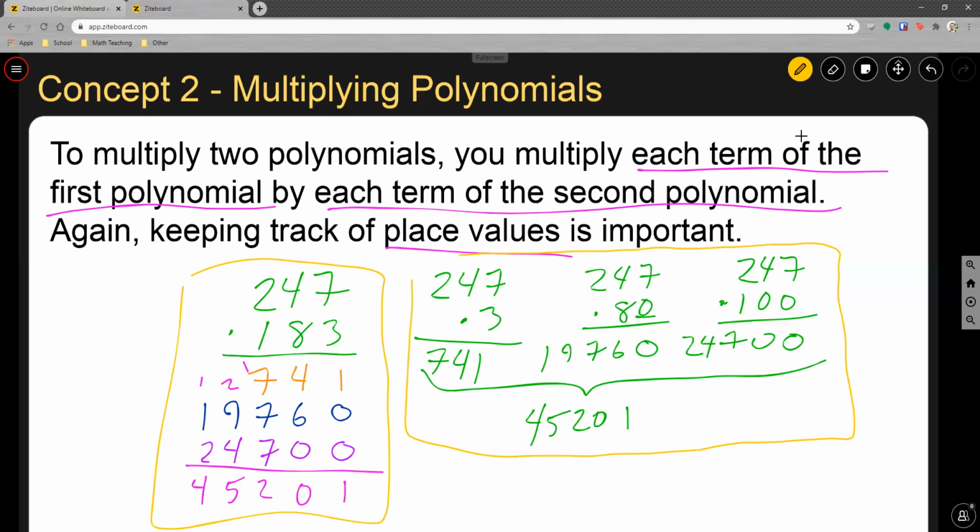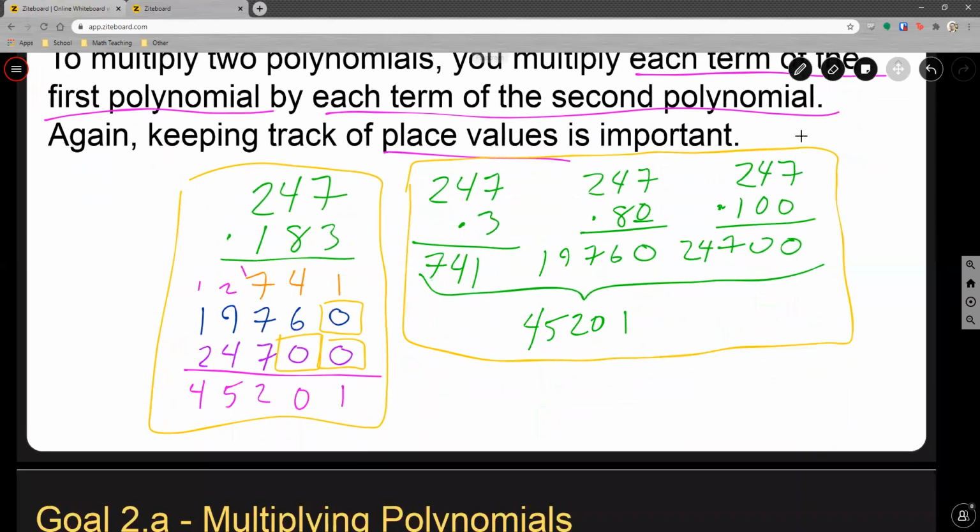This way makes it more explicit, but it takes up a lot more room. So again, keeping track of our place value is important. And this concept of putting a 0 in for place values that aren't going to happen on the second and third time through multiplication is also important, which we'll see in just a moment.